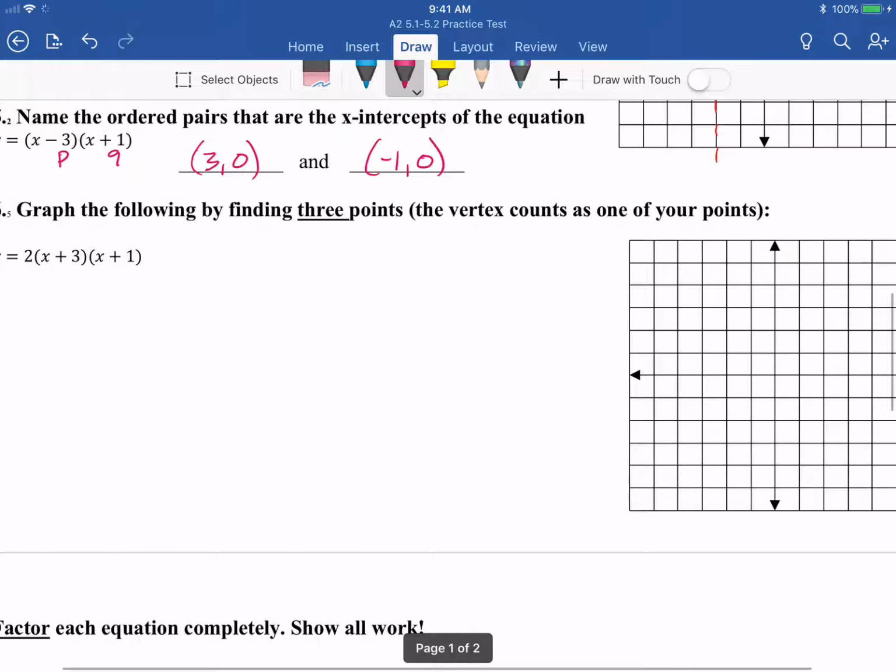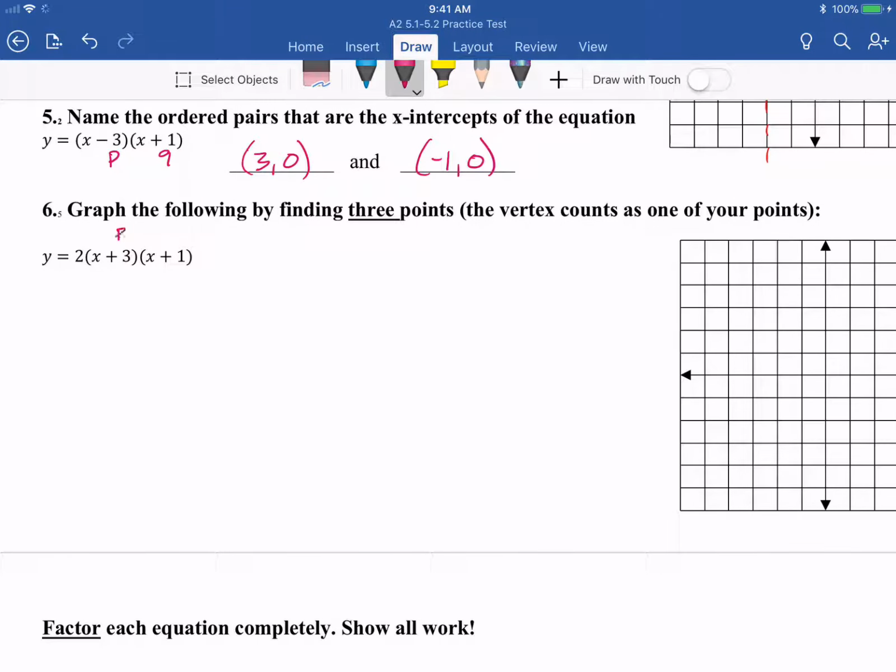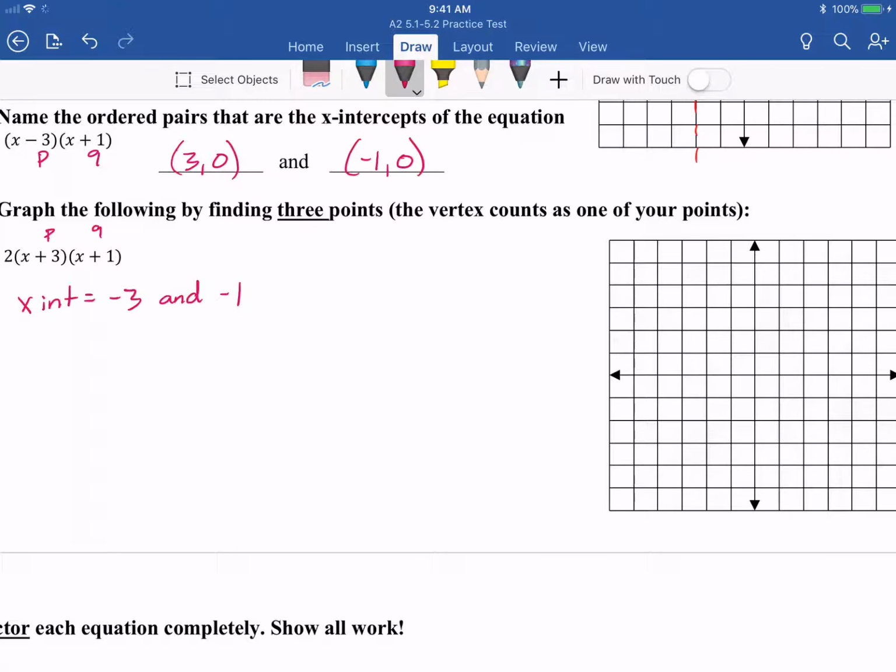So here we go. X-intercepts, if I keep going on here, number 6, I have my P and my Q. They're the opposite of what they look like. So my x-intercepts are -3 and -1 here. So I go to -3, 1, 2, 3, and -1, which is right there. Those are my x-intercepts.